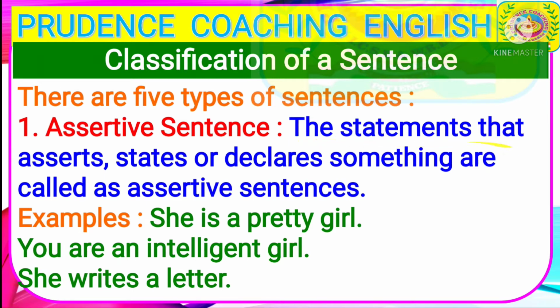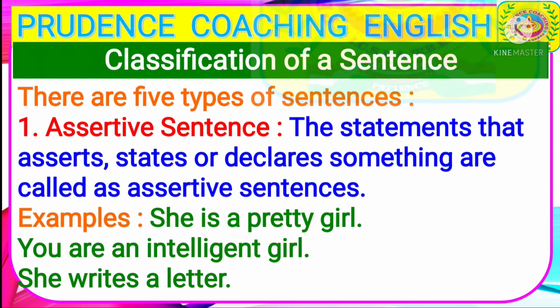The statements that assert, state or declare something are called assertive sentences. Means the statements in which something is stated, asserted, declared, those sentences are known as assertive sentences. Let's go through some examples to know this better.